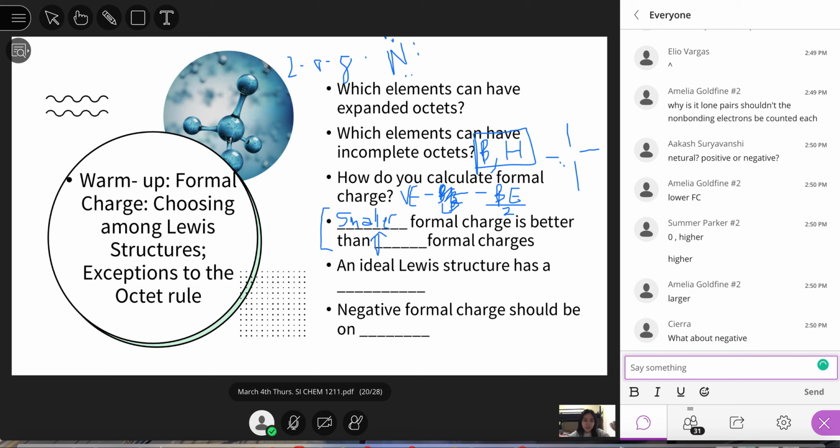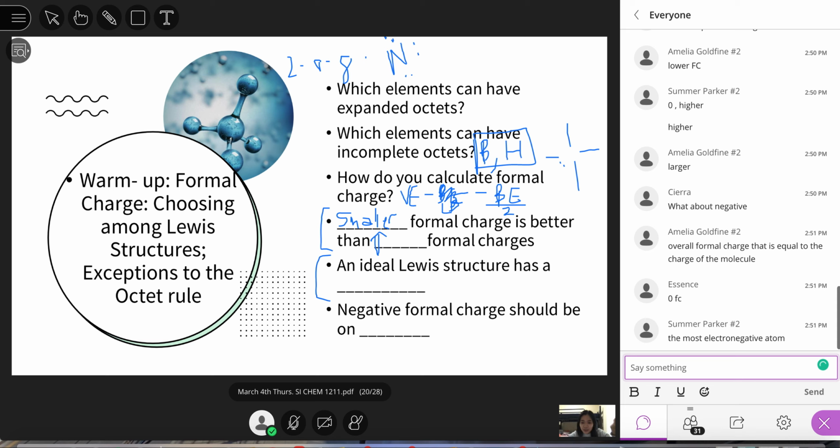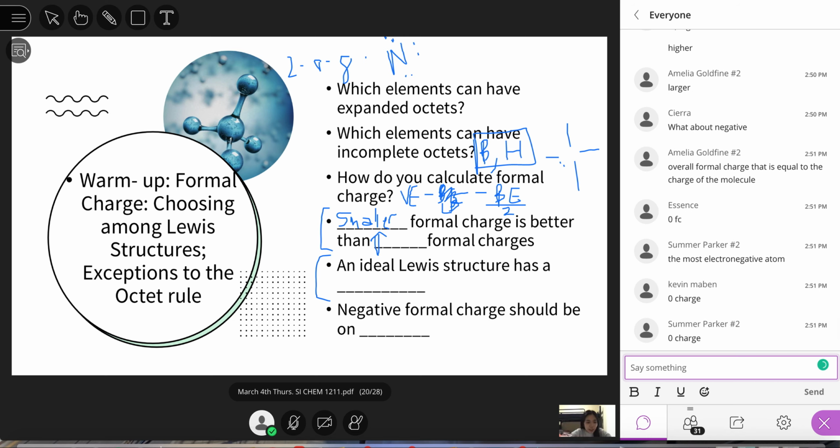You want 0. And that's the next question: an ideal Lewis structure has what overall formal charge? I would say you probably want to find the formal charge before anything, instead of just saying it's the charge of the molecule.